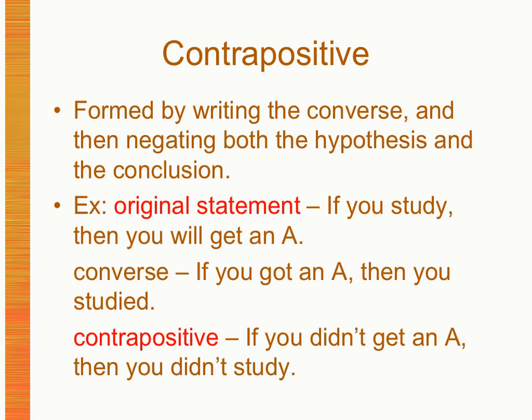So instead we will say, if you got an A, then you studied. Then the contrapositive, the final, would be to add in the negation. So if you didn't get an A, then you didn't study. Again, for the contrapositive, you're going to flip and negate.